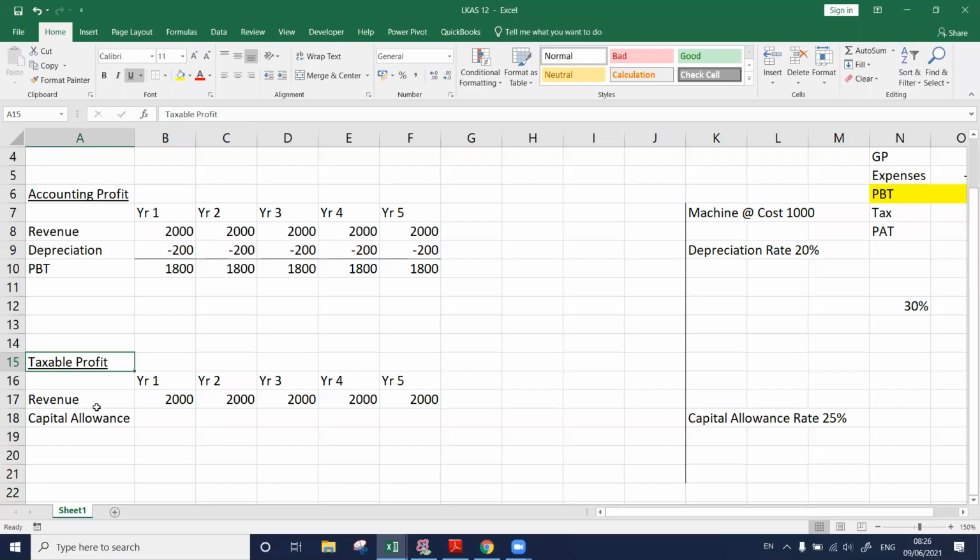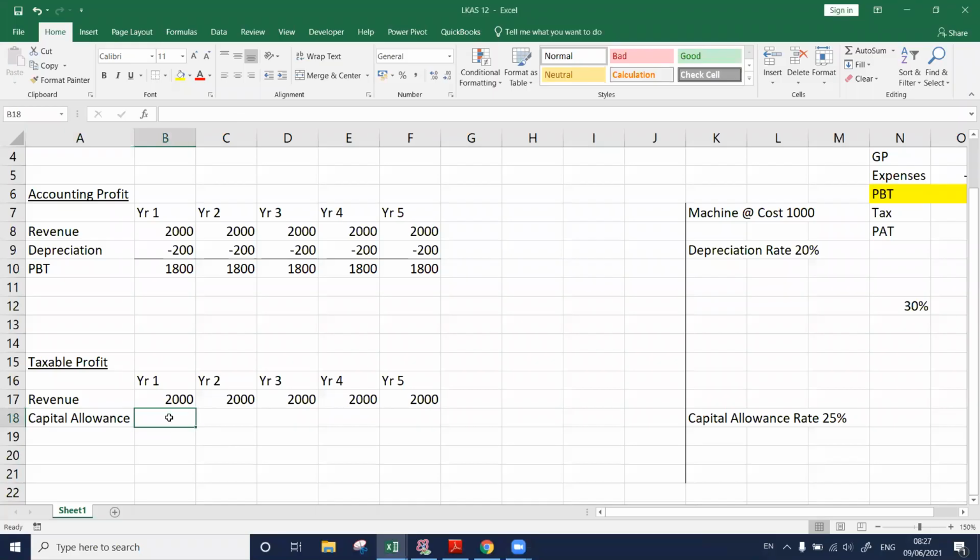Like that they have predetermined rates. And these rates change from time to time with government policies and budgets. But they have a predetermined rate. A company cannot set rates as it wishes. Like that, assume the capital allowance rate.